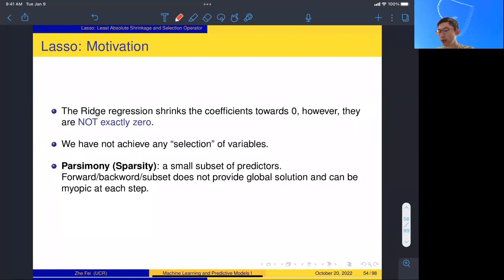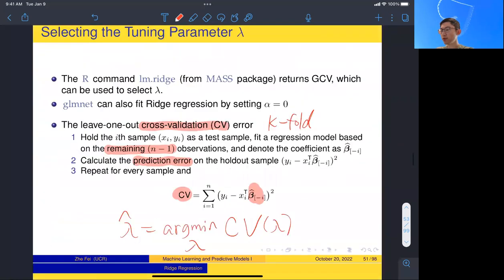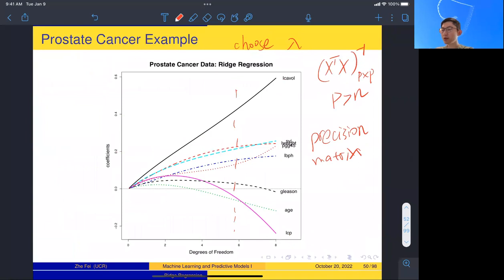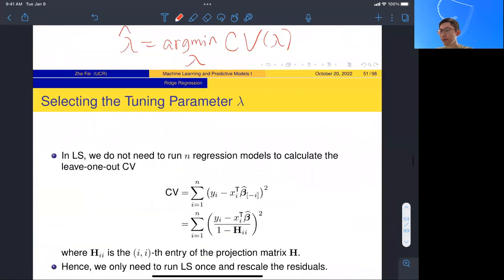So mainly, the idea behind the lasso is that, as we see for comparison from ridge regression, although the ridge estimates are shrunk toward 0, meaning that we control the model size, the solutions are not exactly 0, except if we go all the way so that all the beta estimates are shrunk to 0.